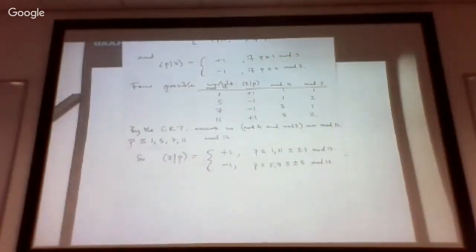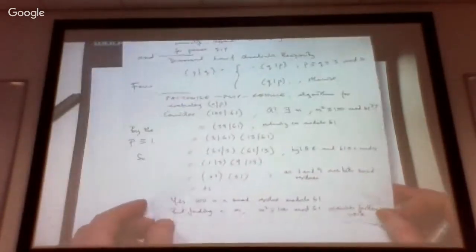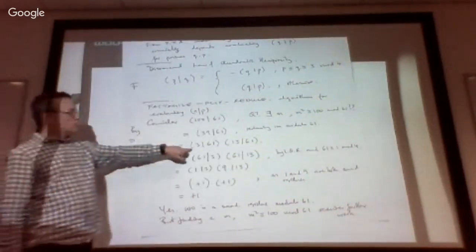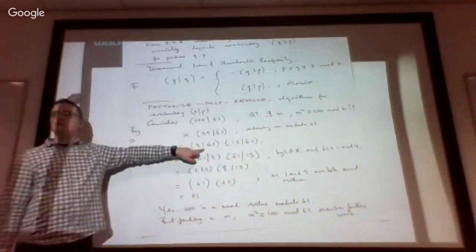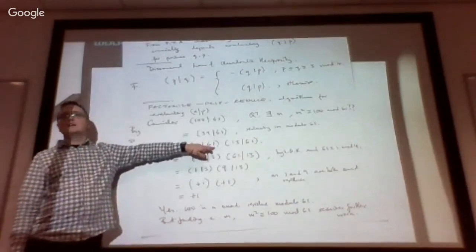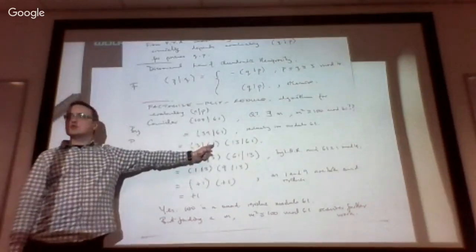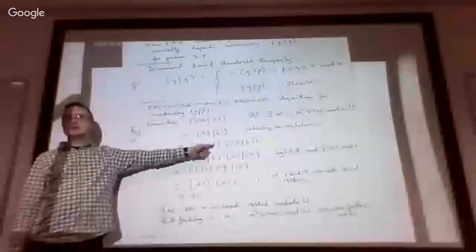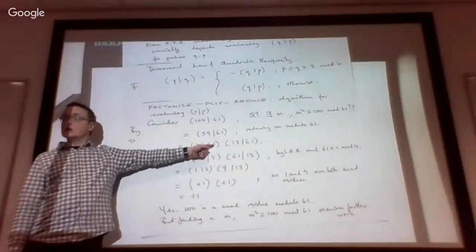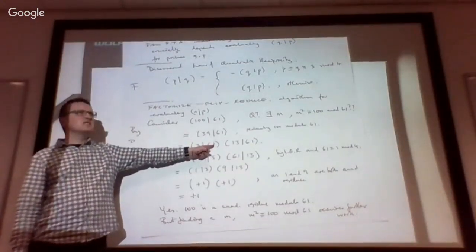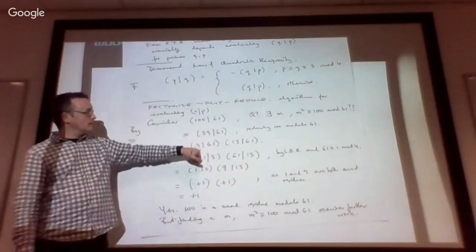So we suddenly understand the status of 3 modulo P. In fact, that would have quickened our argument somewhat back here. When we got to the status of 3 modulo 61, we would have immediately been able to say it, because we could just work out 61 modulo 12. 61 is 1 mod 12, isn't it? 60 is a multiple of 12.